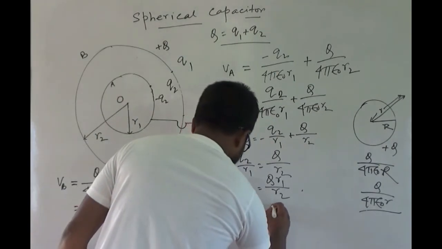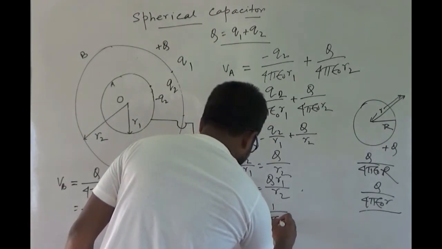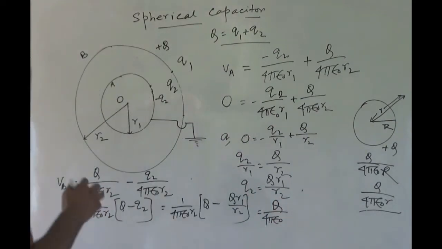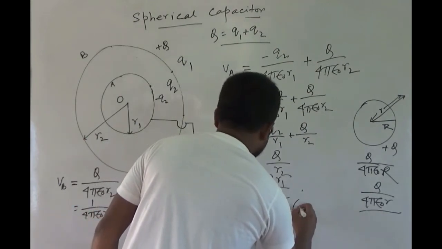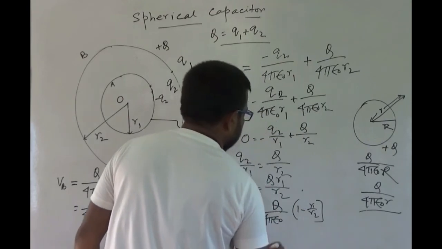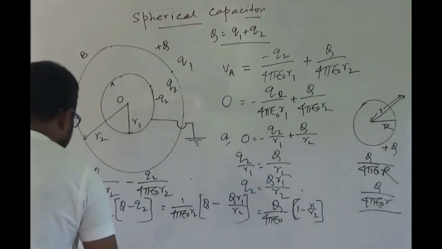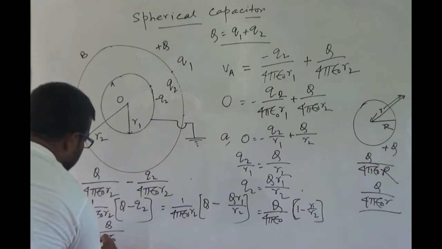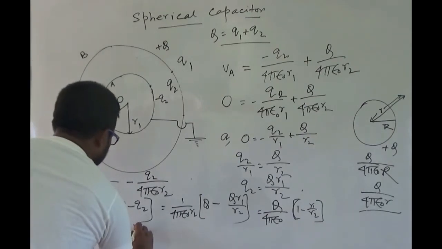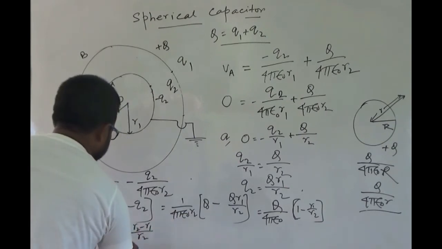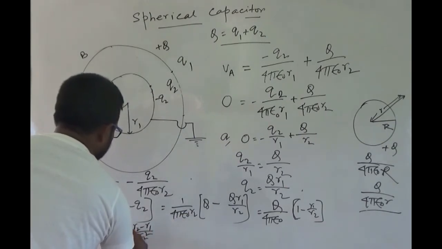Or you may bring Q outside the bracket, then Q by 4 pi epsilon naught R2 times 1 minus R1 by R2. Therefore, we may write Q by 4 pi epsilon naught R2 times R2 minus R1 by R2. Here again R2 times R2, that means R2 square.